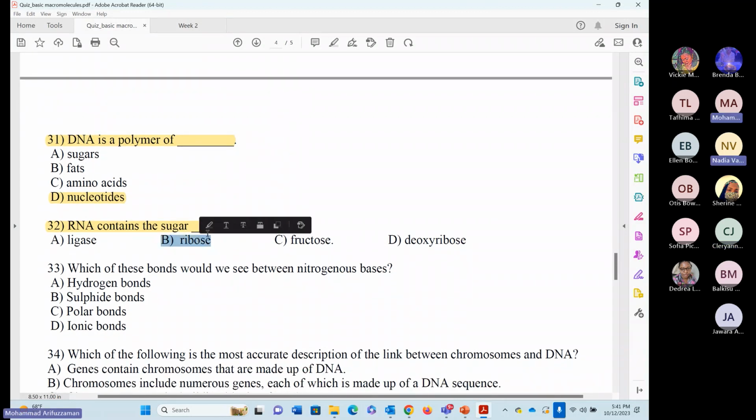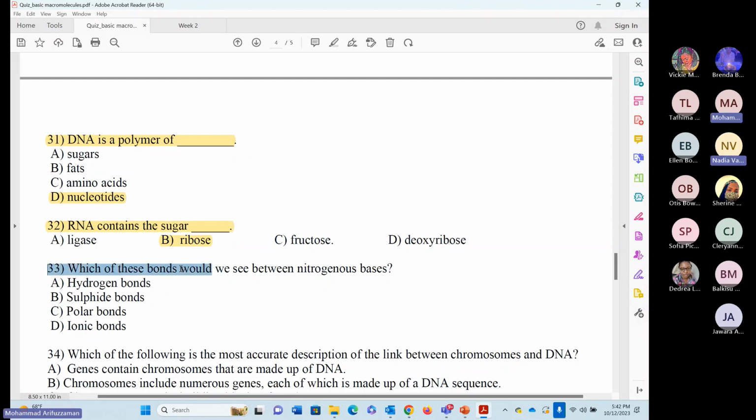It is ribose sugar. And what about deoxyribose? That's DNA. Yes, correct. DNA contains deoxyribose sugar. But RNA contains the ribose sugar. Good.